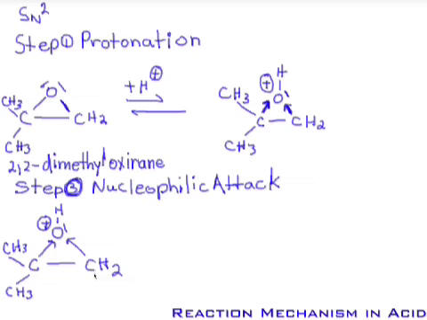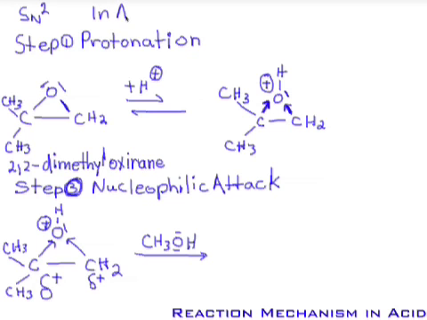So the nucleophile sees a smaller delta plus on the CH2, and a larger delta plus on the carbon with the two methyls. The larger delta plus is more positive charge, and it draws in the nucleophile, which I said was going to be methanol, faster than the other carbon.